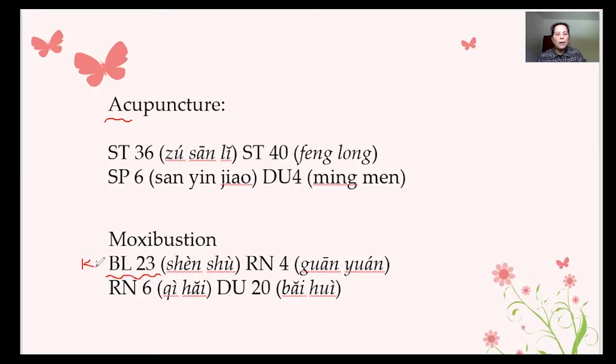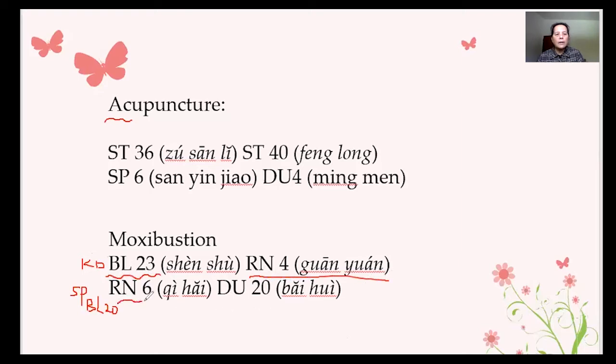We can warm there. We can also warm the spleen back-shu, Bladder 20. Mark it. Ren 4 is a good point to tonify. We can mark that there.